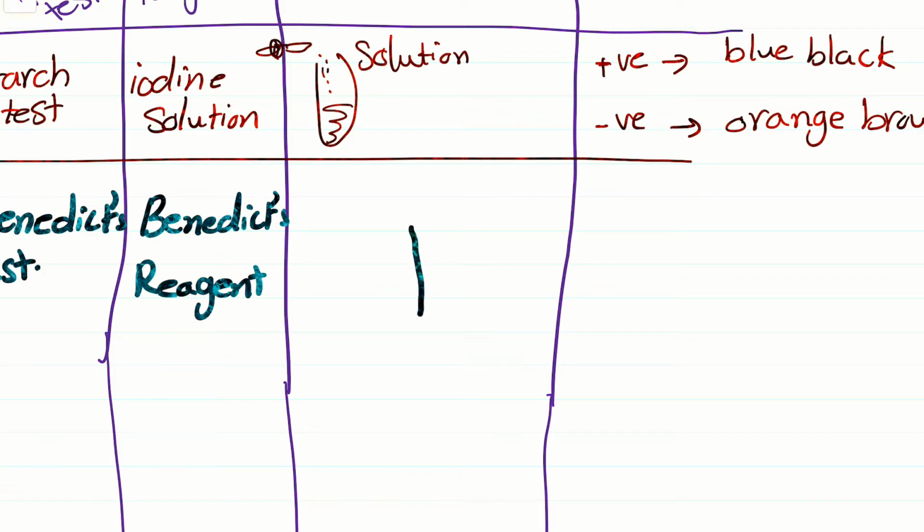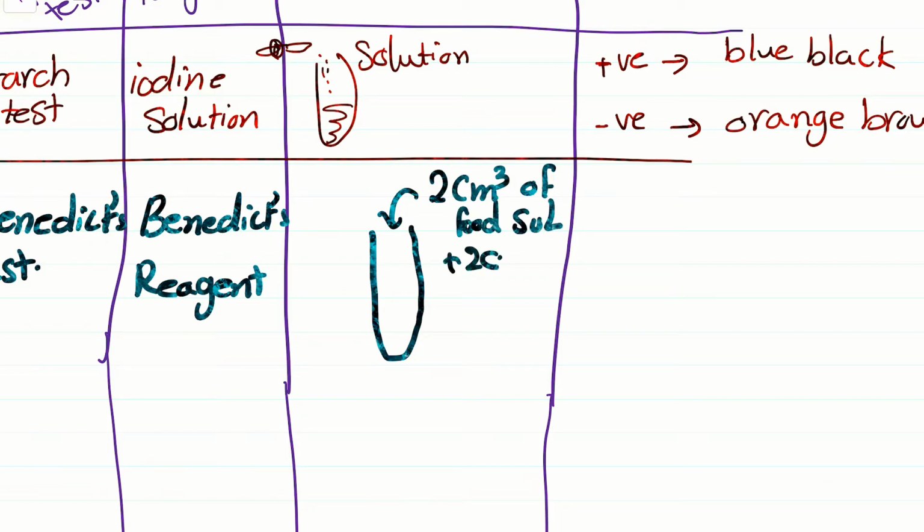For example, in a test tube we add 2 cubic centimeters of food solution plus 2 cubic centimeters of Benedict solution, and by the way, Benedict solution is blue in color.